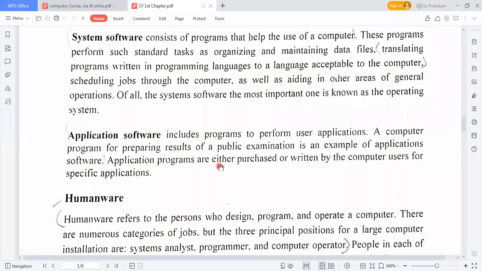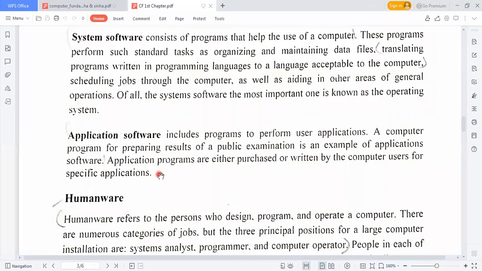Application programs are either purchased or written by computer users for a specific application. In the banking system, every bank uses its own application software, because for more security, they can purchase from a big company for the welfare of their company.